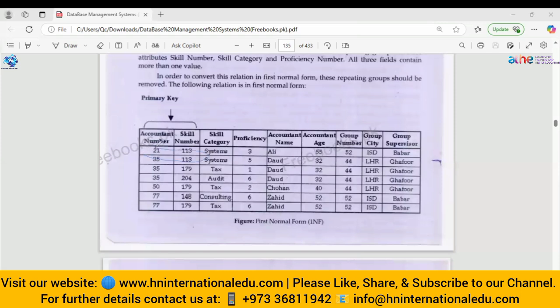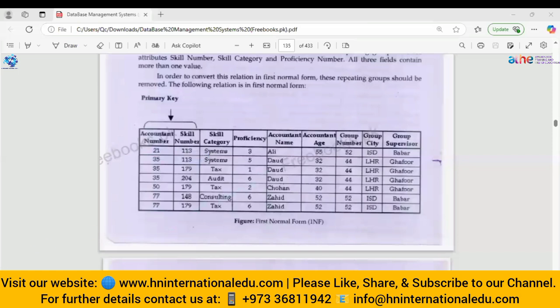This combination is not repeating somewhere else in the table. We have no other combination of 21 and 113, so it is a unique combination. It can easily identify this complete row in the table. Then we combine the 35 and 113. This is how the primary key is assigned to a specific table.